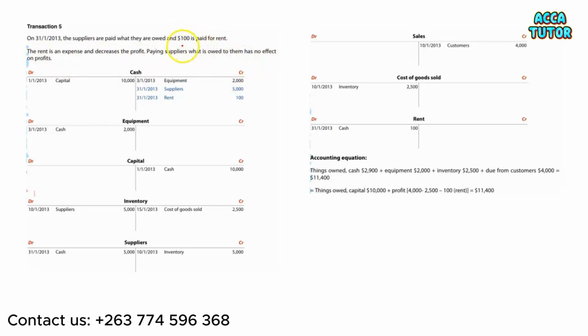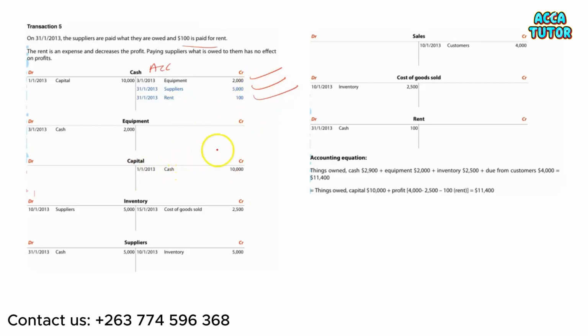But the rent has a profit impact because it is an operating expense and reduces our profit. Remember, the cash account had capital as the source of the cash initially, and then we utilized that cash on buying the equipment, on paying suppliers, and on paying rent.